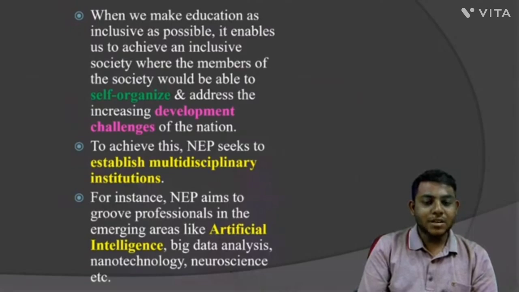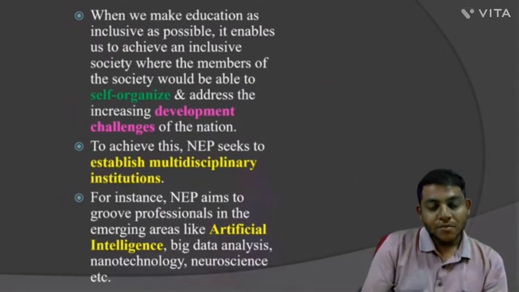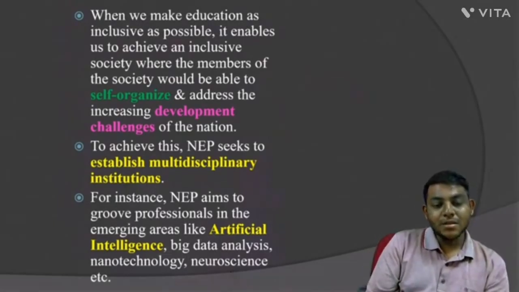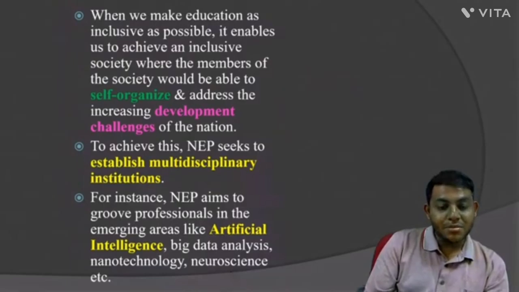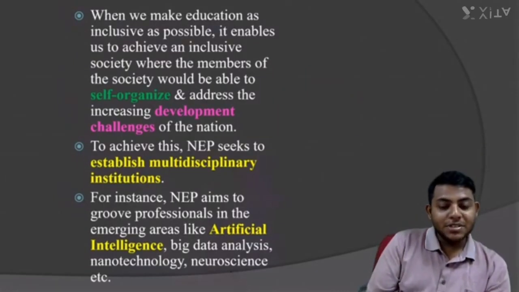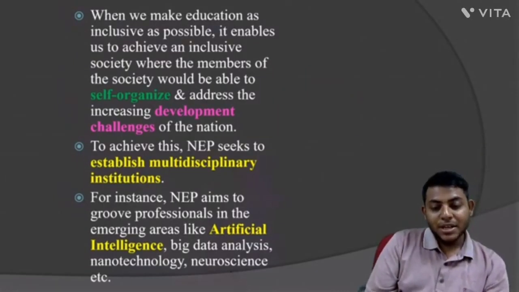So, to achieve this, the National Education Policy seeks to establish multidisciplinary institutions. For instance, the National Education Policy aims to groom professionals in the emerging areas like artificial intelligence, big data analysis, nanotechnology, neuroscience, biotechnology.